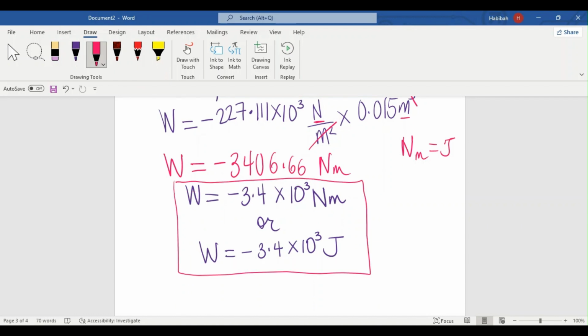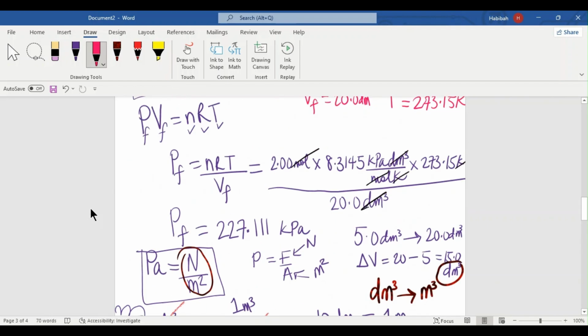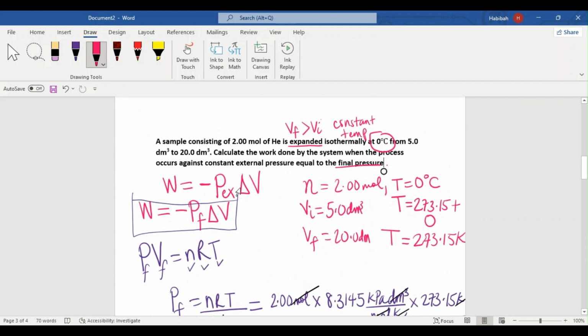If you're wondering why the negative is in front of this particular work, it is because the work is done by the system. So the expansion process is being done by the system. Hence, it's going to be losing energy. So for example, the energy that you have before you clean your room or before you do a task is going to be more than the energy after you do a task.